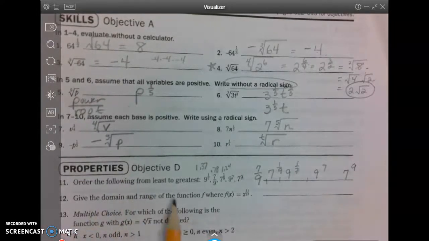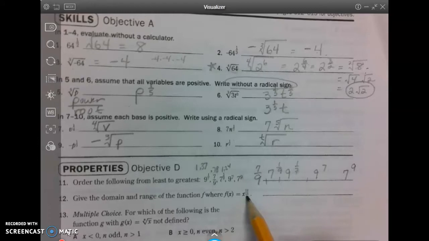Give the domain and range of the function where we're taking x to the 11/13 power. Well, first of all, taking a 13th root, numbers can be positive or negative. And then when you're raising it to the 11th power, you can also get positives or negatives.